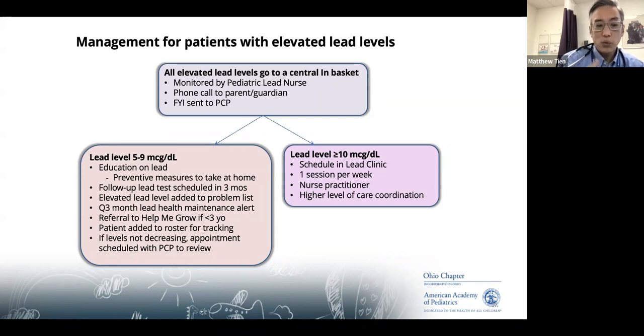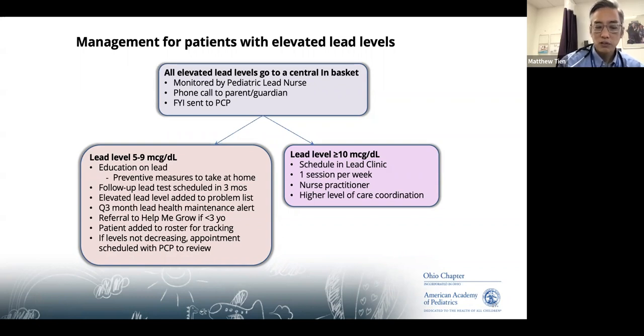And we will arrange for a follow-up lead test to be scheduled in 3 months. The lead nurse will schedule that. That can often just be a lab visit or a nurse visit. She'll add elevated lead level to the problem list to make that more prominent on the patient's chart. And we have a health maintenance modifier that we add so that it also makes it more prominent to the provider that might see them next, and in the patient's own patient portal, that there's an every 3-month lead level that should be checked.